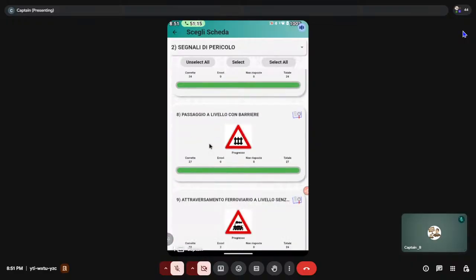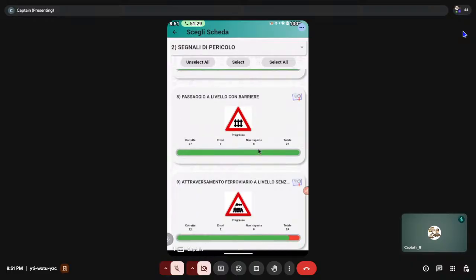This one is very, very good. All right, so passaggio a livello con barriera, talking about crossing level with a barrier, with a cover. Now, attention. If possible, I would have explained these two at the same time, but for the benefit of those who are still learning this chapter, let me not rush it.